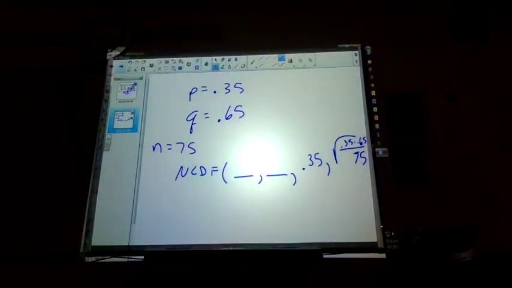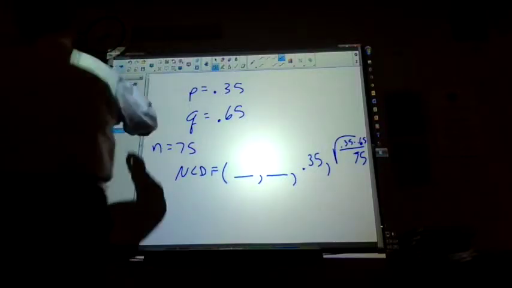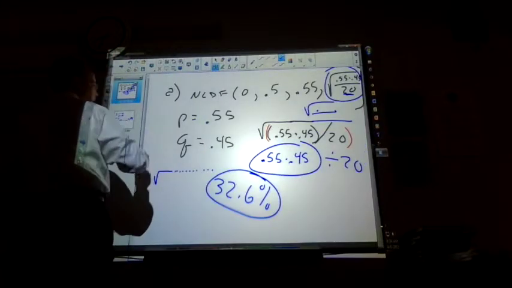Hang on. What's different between letter A and letter B other than it's a different story problem? Explain why you cannot use the methods in this section for the following situation. Hang on, let's go back to this one.